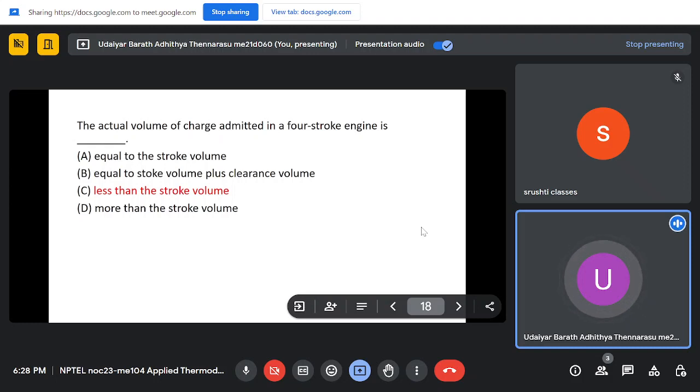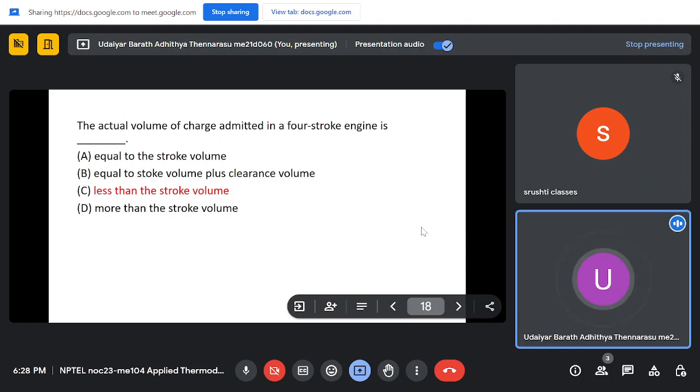So when the inlet valve opens, the piston would already have moved lower than the top dead center, so the volume will be more than the clearance volume. The maximum volume of the cylinder will be clearance volume plus the swept volume. So initially the exhaust gas will expand and come to the suction pressure, and when the inlet valve opens, some gas can come in.